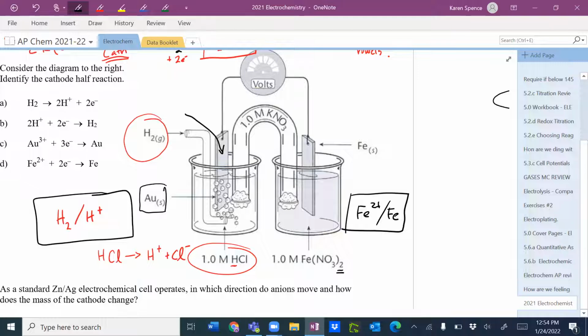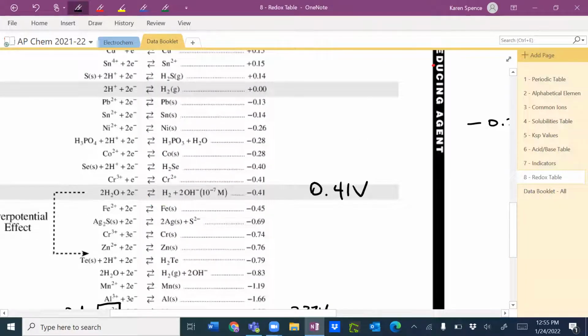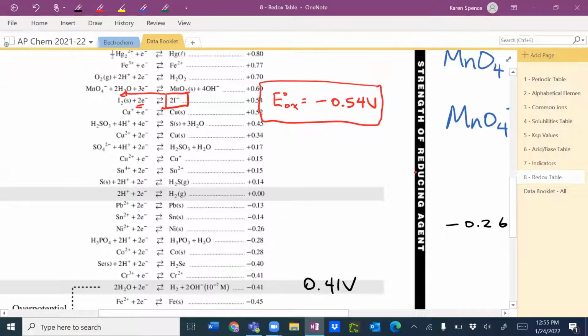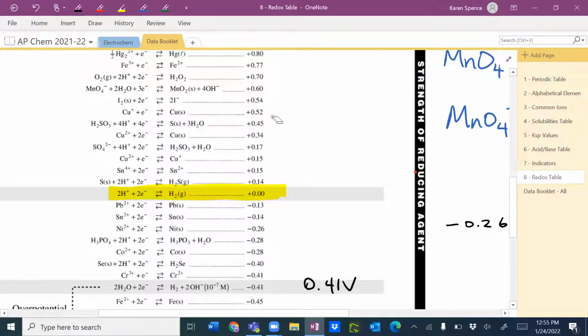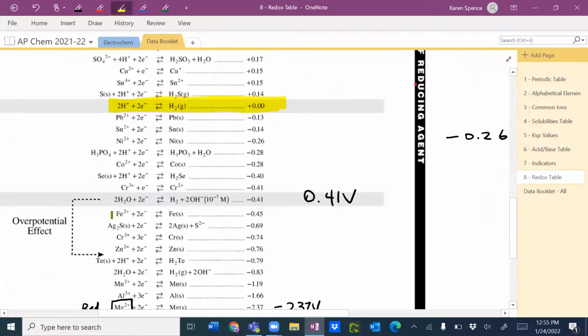Okay, data booklet. H+ and H2, there they are, right in the middle of the table. There's our H+ and H2. Fe solid and Fe2+ is here.